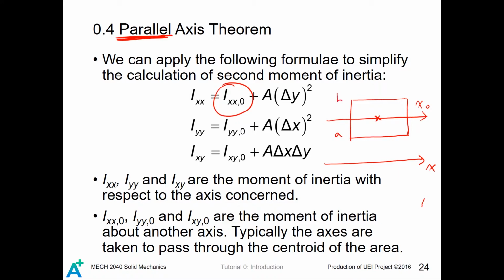Some of you might wonder, okay, I've already learned about the double integral method, so I can do the double integral again to find the moment of inertia of this region about the x-axis.